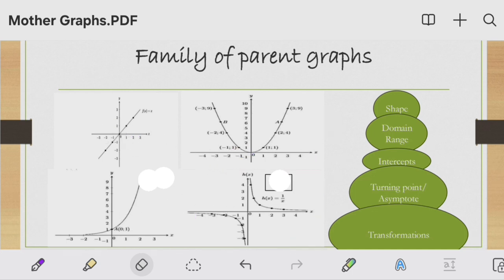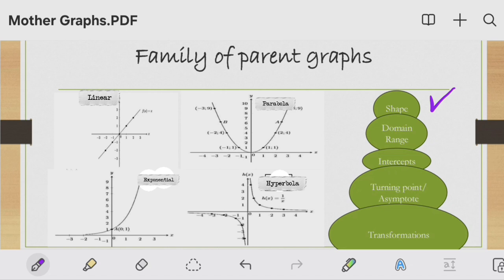So we have a mission when it comes to functions. It matters not what kind of function you are talking about, be it a linear function, a parabolic function, an exponential function, a hyperbola, or even trigonometric functions. We have to know the basic shape of each and every function.